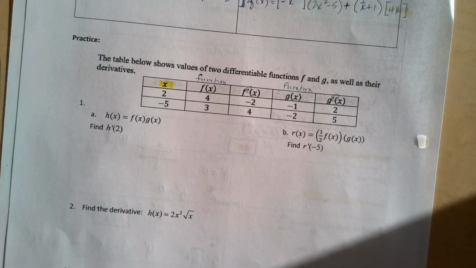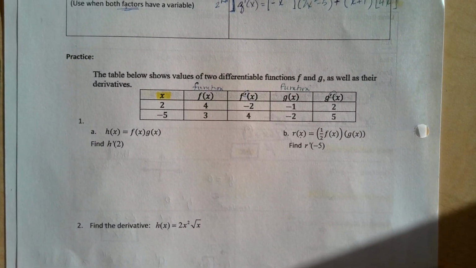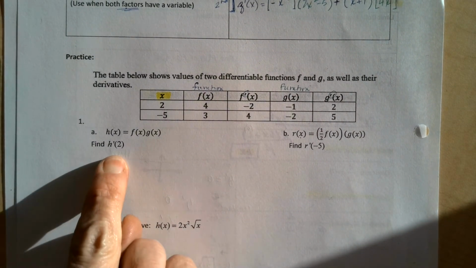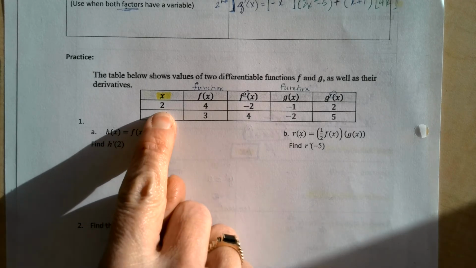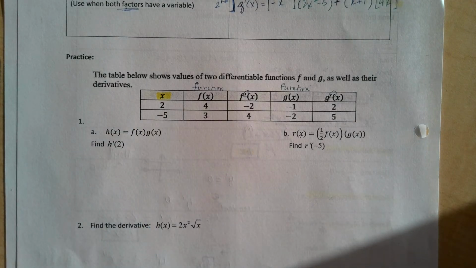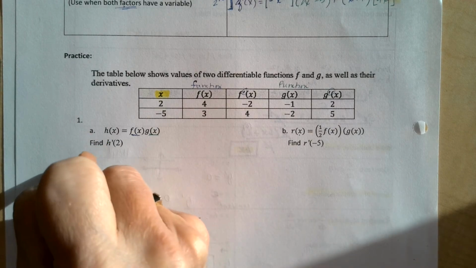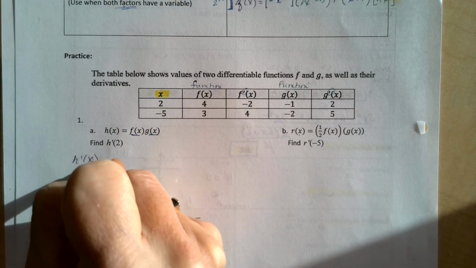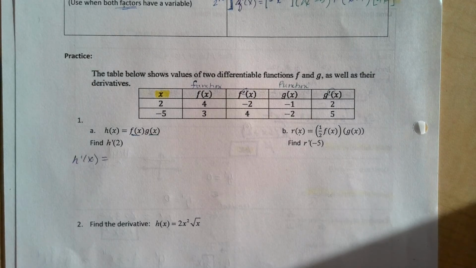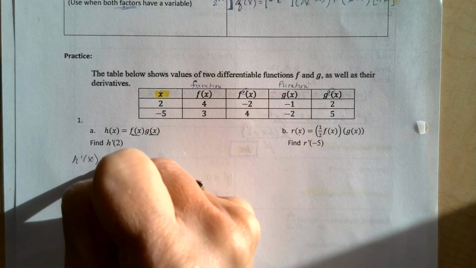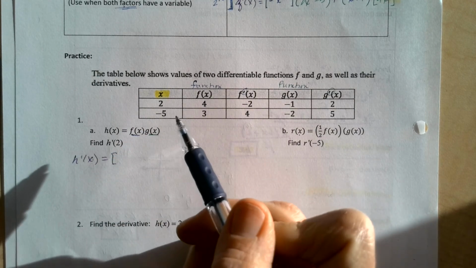All right. So we want to find h prime of 2, so that'll be our input value. I've got my f of x function times my g of x. So my derivative of h is going to be equal to my derivative of my first.